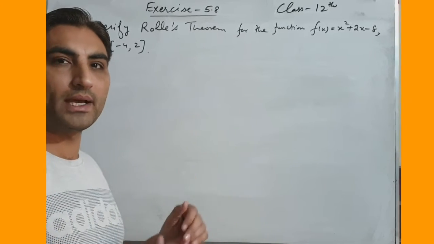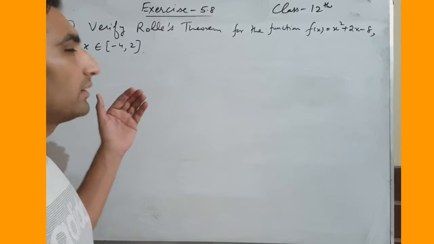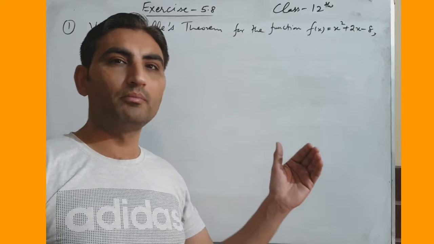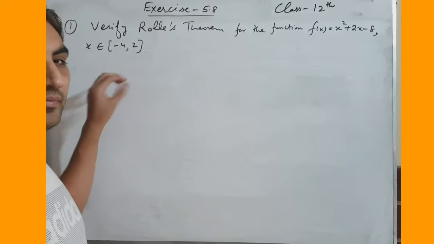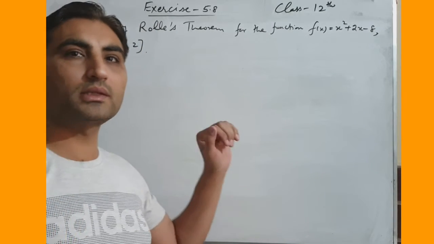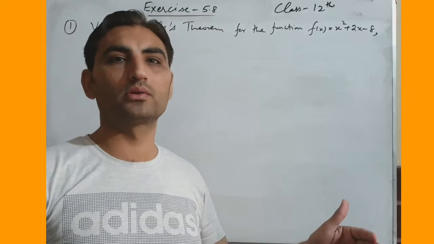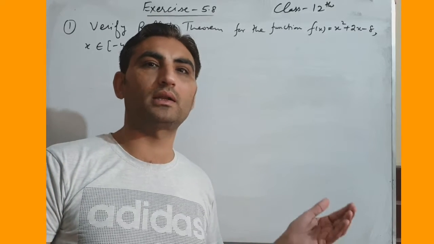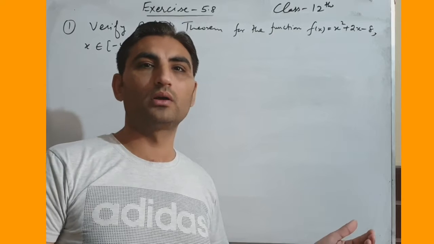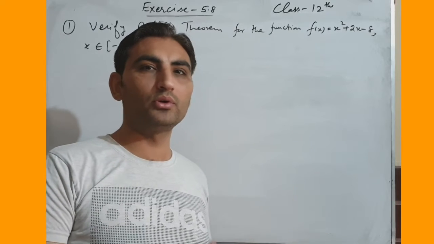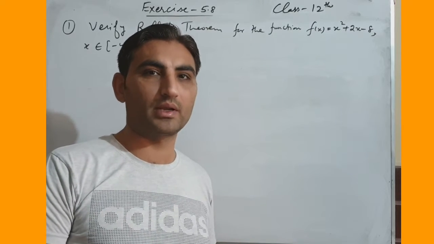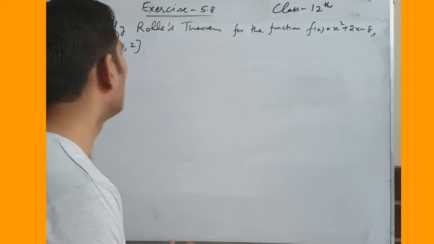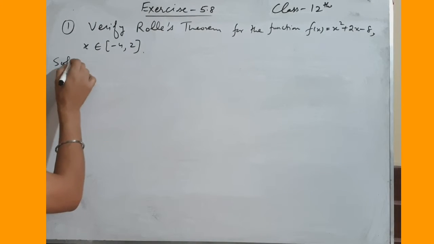So their answers should match. Then there exists a c in the open interval (a, b) such that f dash c equals 0, meaning the derivative of the function at that c will be equal to 0. So we have to use all 3 steps given in Rolle's theorem. See how, one by one, I will write all the details here.